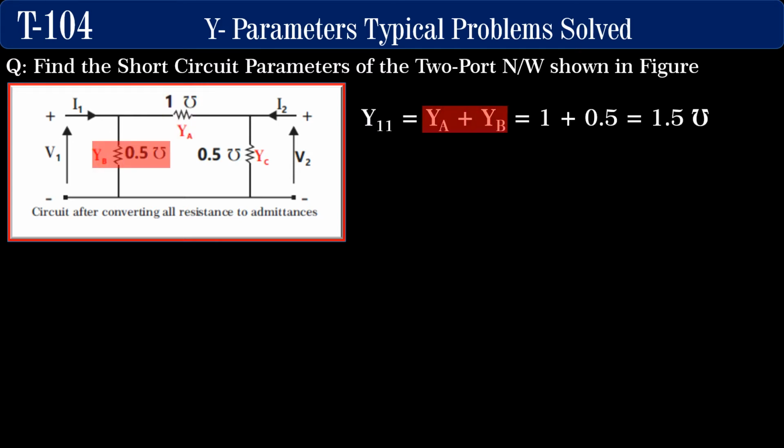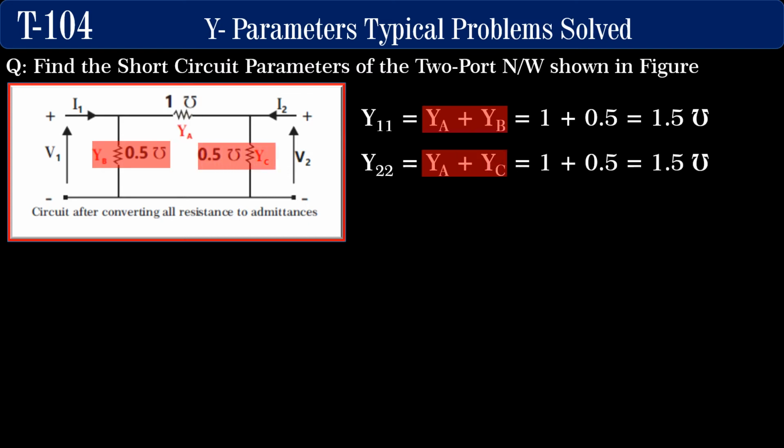By substituting the values, we get y11 is equal to 1.5 mho. Similarly, y22 is equal to ya plus yc. By substituting the values, we get y22 is equal to 1.5 mho. Similarly, because the network is reciprocal, we see that y12 is equal to y21 is equal to minus ya. Note that.